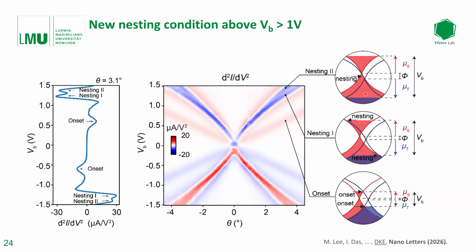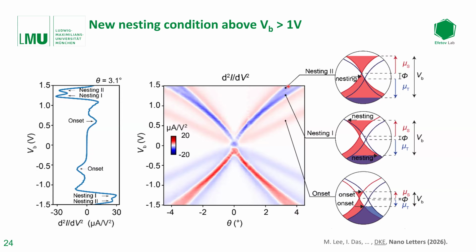So if you just assume a small nonlinearity in the nesting condition, you would see that instead of having a continuous nesting condition that is very fixed, has one value, you would actually develop these kissing points where you would develop exactly two nesting conditions depending on the voltage that you apply to the sample, and some small nonlinearity would naturally give you this type of splitting in the nesting condition.